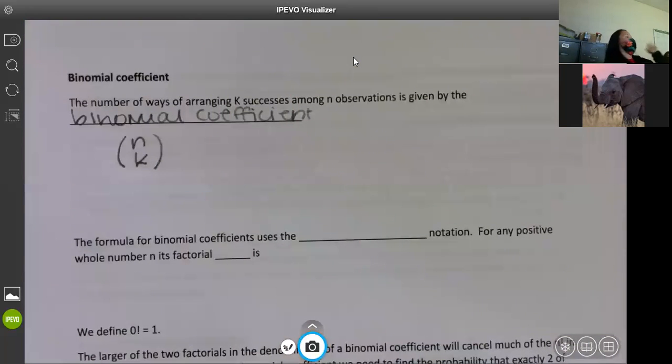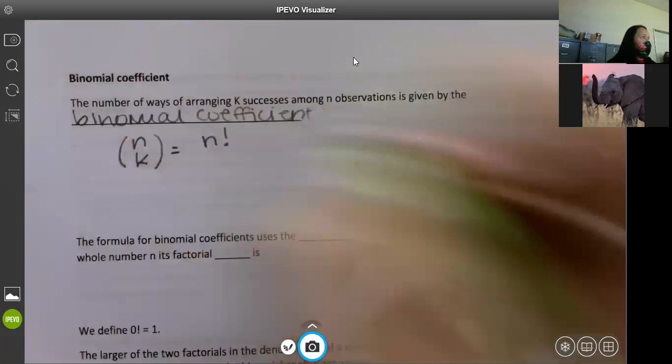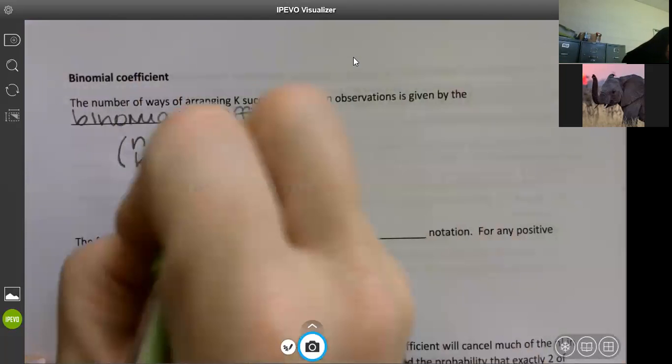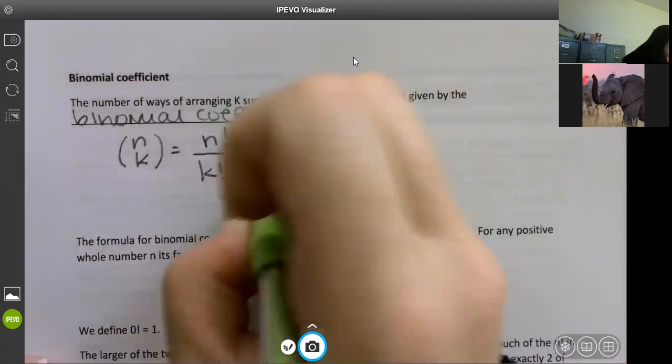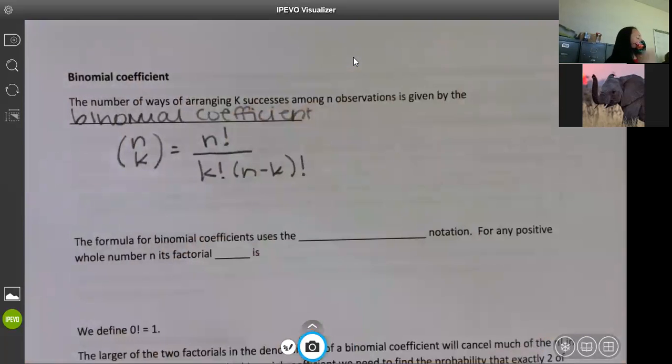That means you'll have n factorial, with an exclamation point, it's called factorial in math, over k factorial times n minus k factorial. And I'm going to explain what factorials are, but again, your calculator will do it for you, so don't stress out. Factorials are really easy.